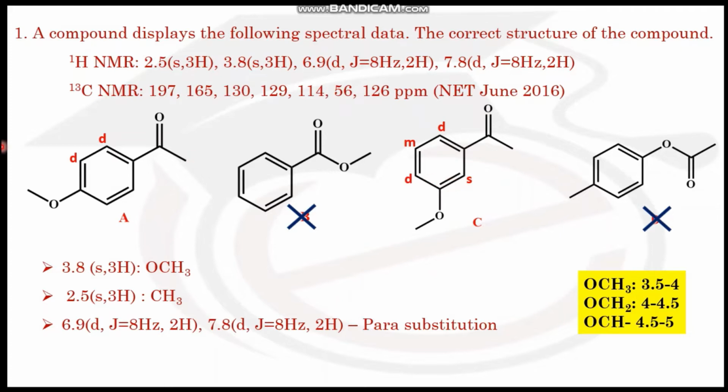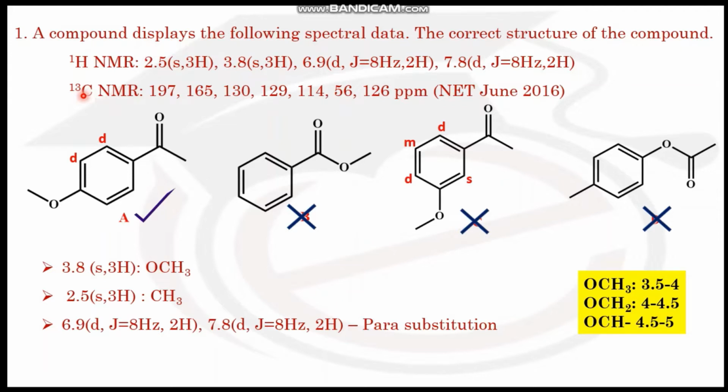But in A, 2 types of hydrogens are present and both are doublets. Now it satisfies all the values, so we can cut option C and the correct answer will be A. Like this, you have to answer all the questions. Only by the elimination method can you solve the question, otherwise you will get confused.